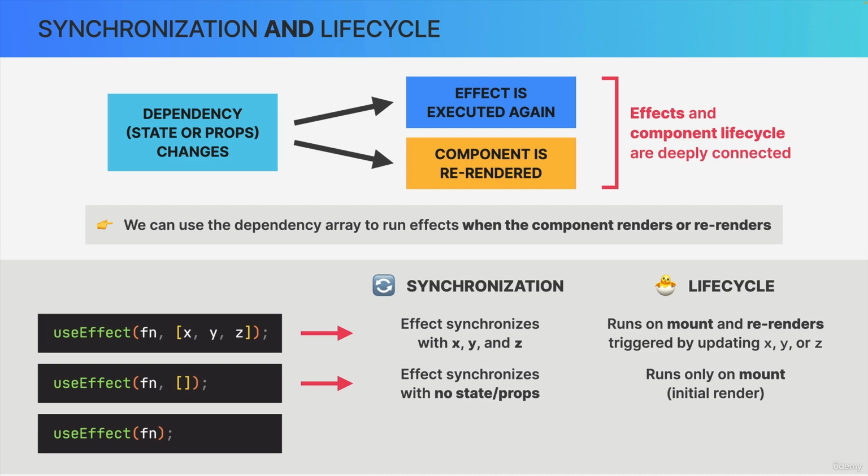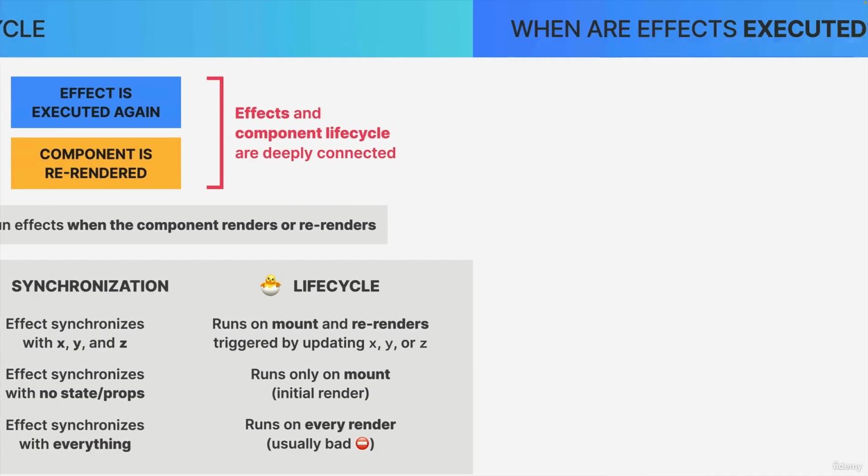Finally, if we have no array at all, we already know that the effect will run on every render, which is usually a really bad idea and not what we want. Now, if the effect runs on every render, that basically means that the effect synchronizes with everything. So essentially, every state and every prop in the component will be dependencies in this case.